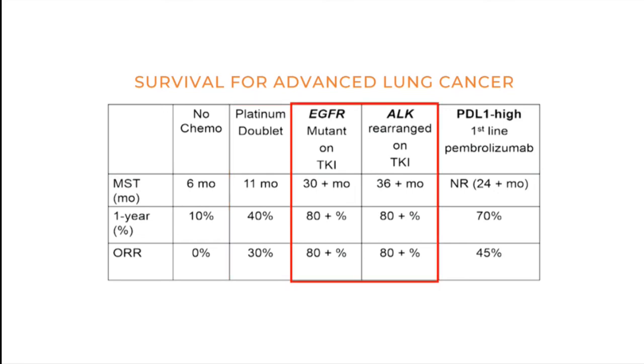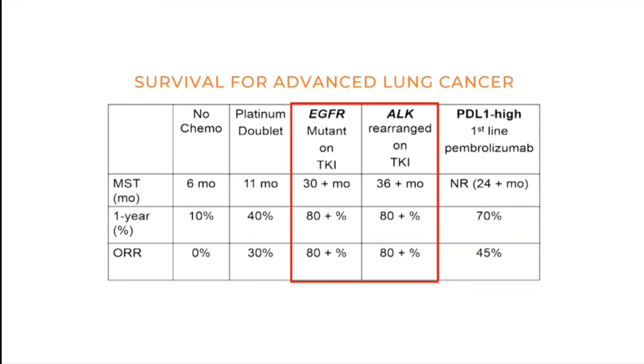With the development of targeted therapies and the identification of these driver mutations, for patients who have these mutations and are treated with targeted therapies, the median survival has been in excess of 30 months, closer to 40 months. So that's a substantial difference compared to 11 months, as you can see.